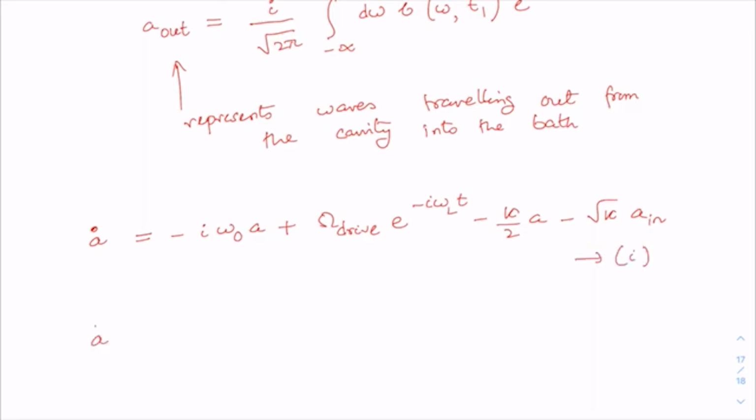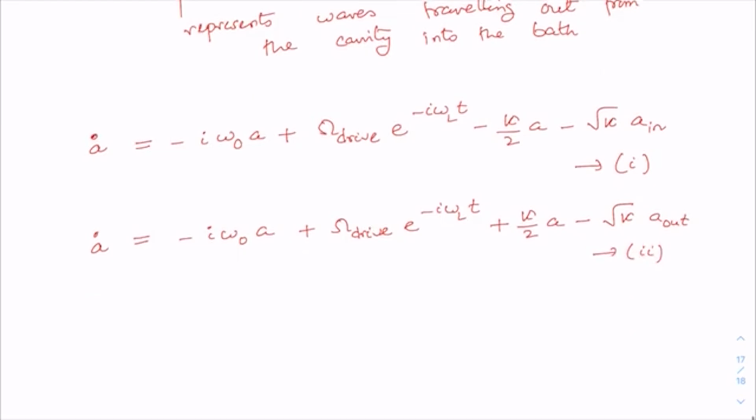Another equation I got when I go in the backward time direction is a dot equal to minus i omega 0 a plus omega drive e to the power minus i omega L t, and I will have here plus kappa by 2 a minus square root of kappa a out. So let me term it as equation number 2.